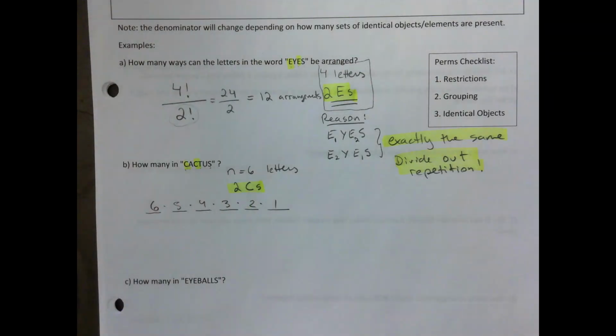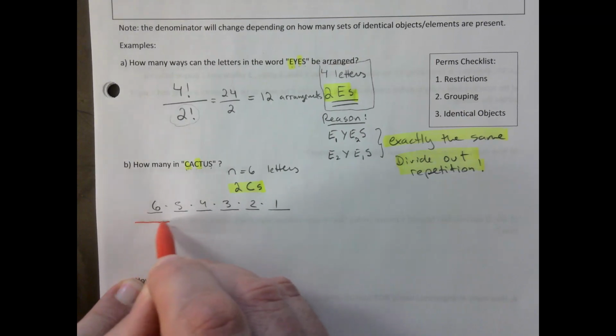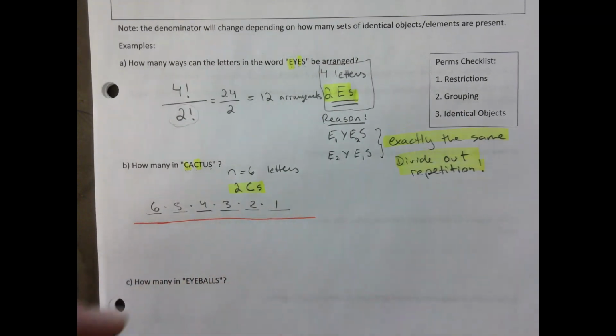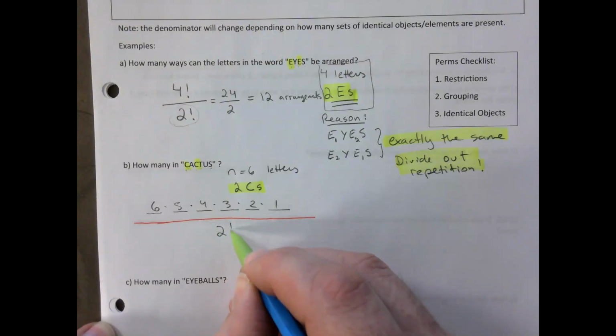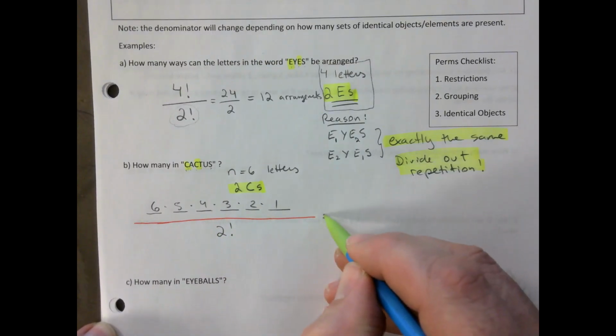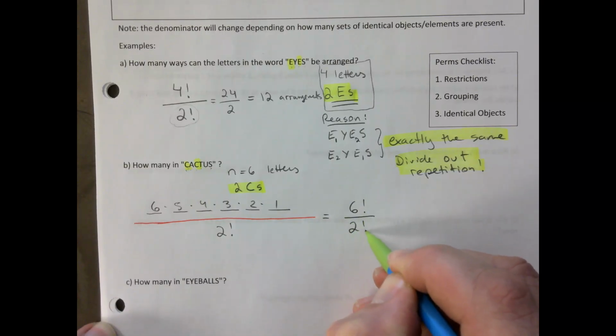However, now we have to make note that there's a repeated letter. So the whole thing is divided by 2 factorial. So you end up with 6 factorial over 2 factorial.